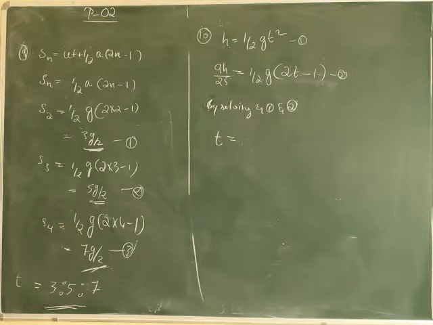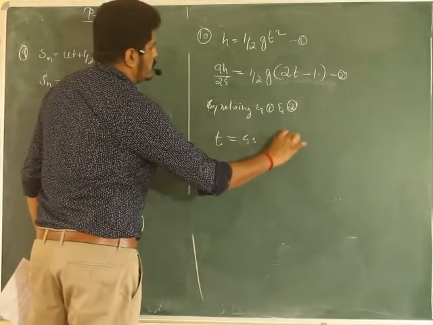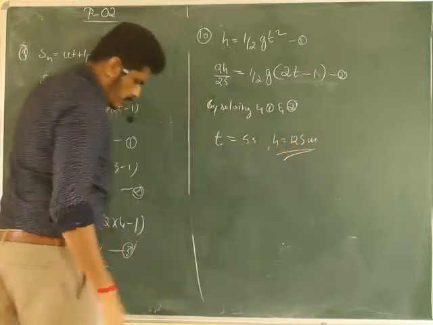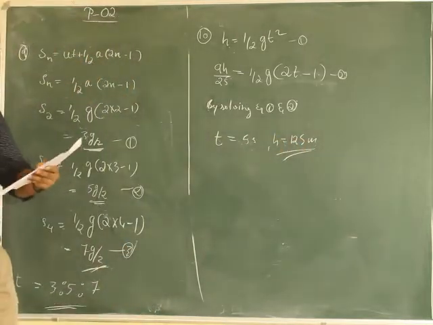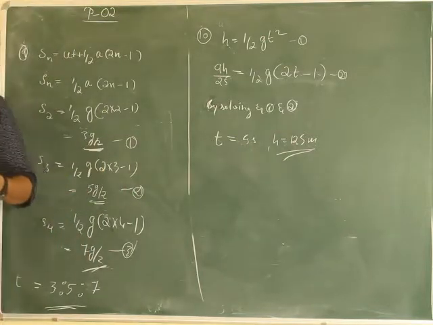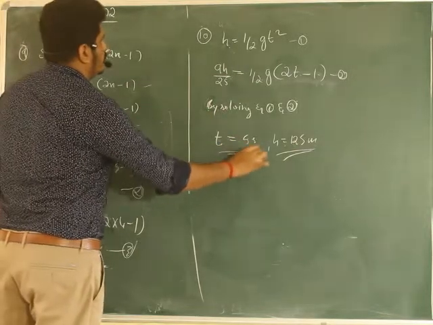T is equal to 5 seconds and h is equal to 125 meter. But in the options, are both there? No, only the h value is mentioned. So they require the h value. So h we can say is 125 meter. So 9th is over, and the 10th question is also over.